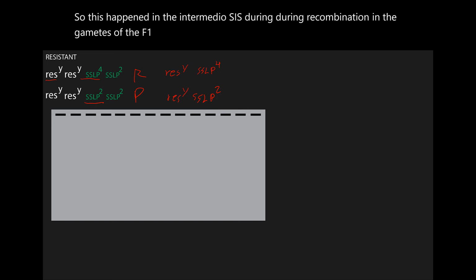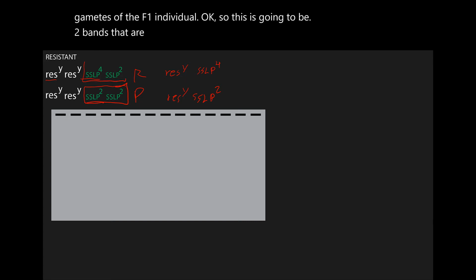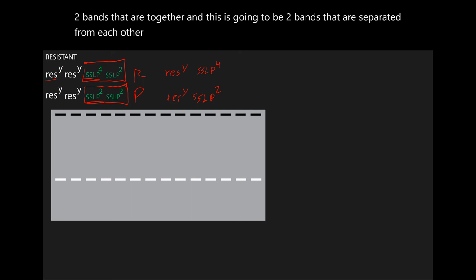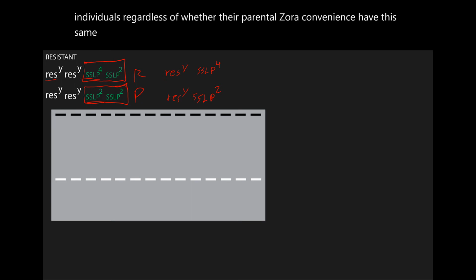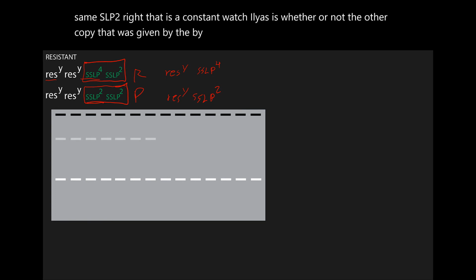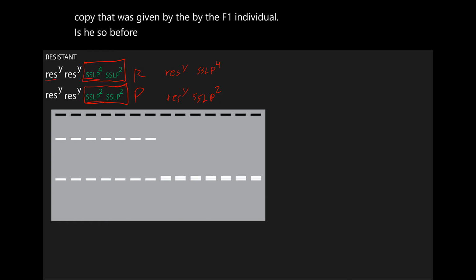Okay, so this is gonna be two bands that are together, and this is gonna be two bands that are separated from each other, and this is how we look at them. So all of the individuals, regardless of whether they're parentals or recombinants, have the same SSLP2, right? That is a constant. What changes is whether the other copy, the one given by the F1 individual, is SSLP4 or SSLP2 as well.